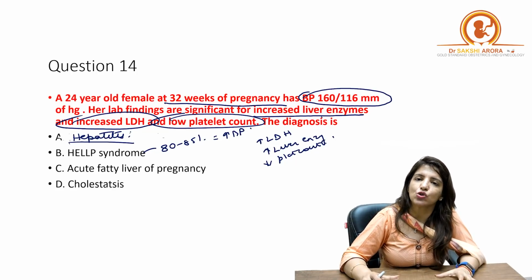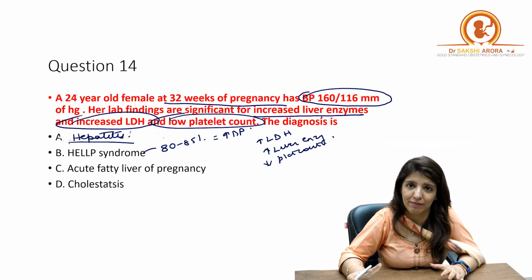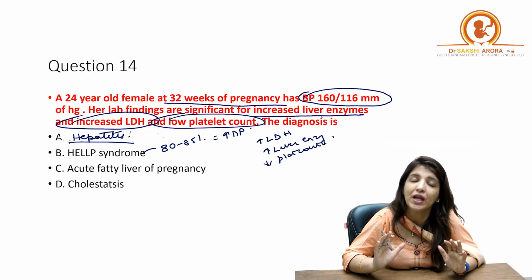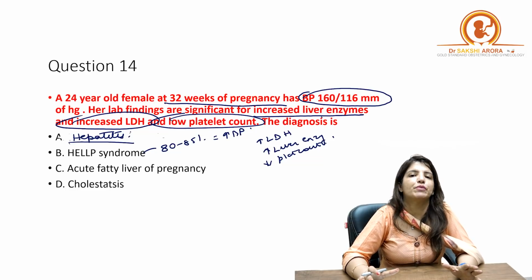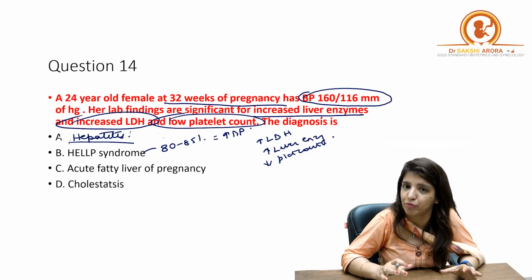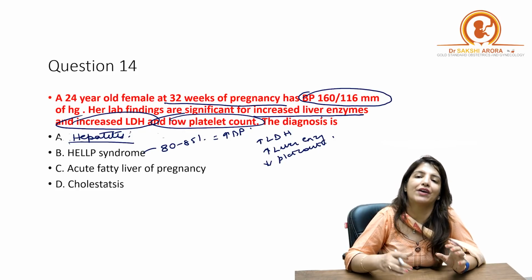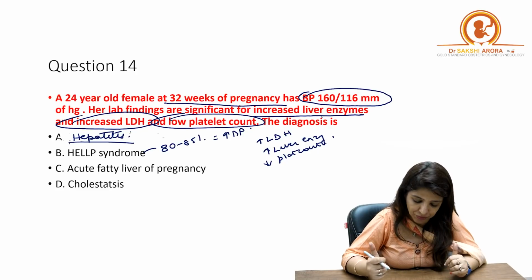In case of HELLP syndrome, patient is going to come to you in third trimester, whereas in hepatitis, patient can come to you in any trimester. In case of HELLP syndrome, in third trimester, patient is going to complain to you of pain in abdomen, which will be a right-sided pain, a right-sided epigastric pain.